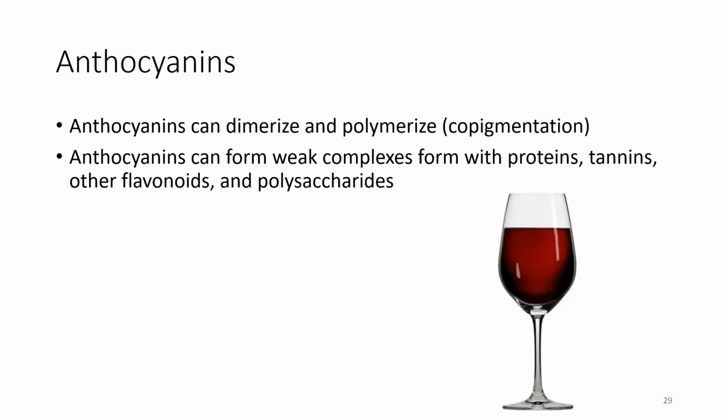And that is because during that fermentation process, those anthocyanins that color the grapes can dimerize and polymerize and form these complexes with all sorts of stuff that's in there, and they become much more stable. So those colors aren't going to be so susceptible to degradation as they were before, but they are also a slightly different color.